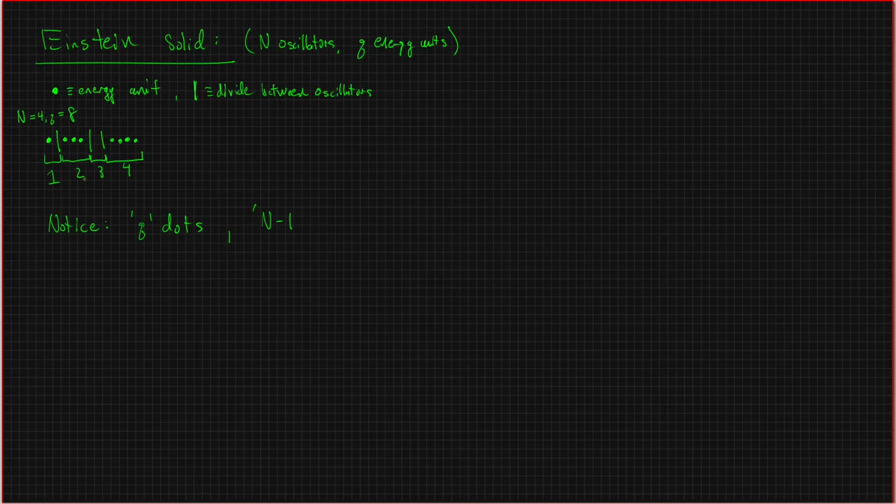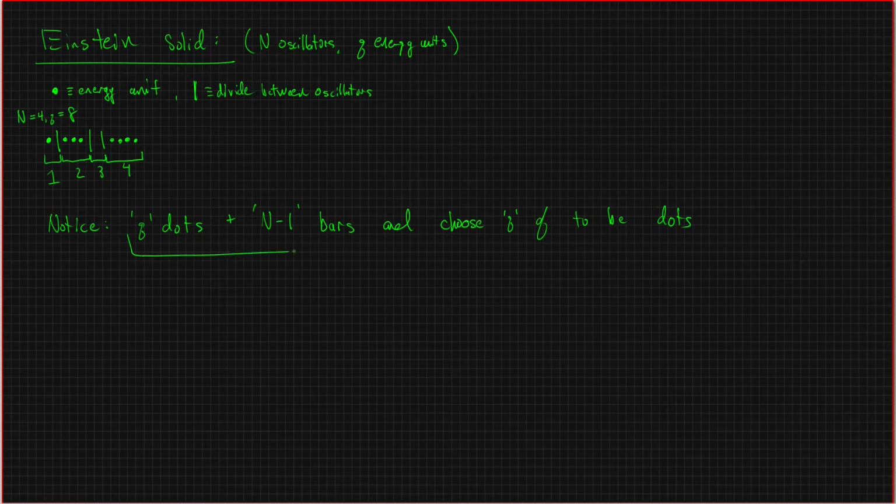Okay, but notice that we only need to use 1, 2, 3 of these bars in order to note this arrangement right here. So there are n minus 1 bars. So there are Q dots plus n minus 1 bars, and we want to choose Q of all of those symbols to be dots.